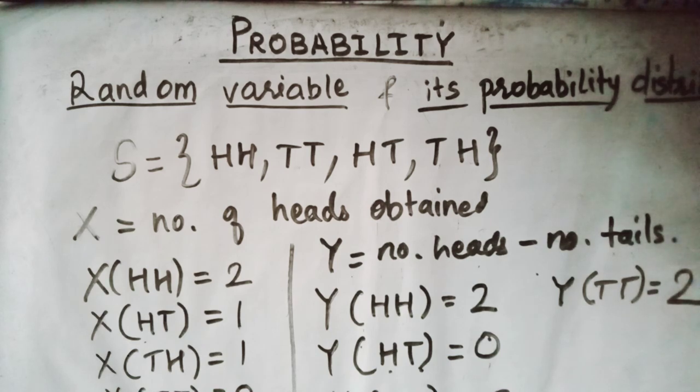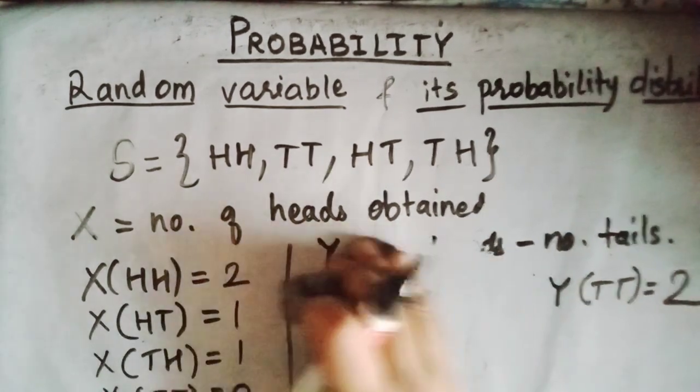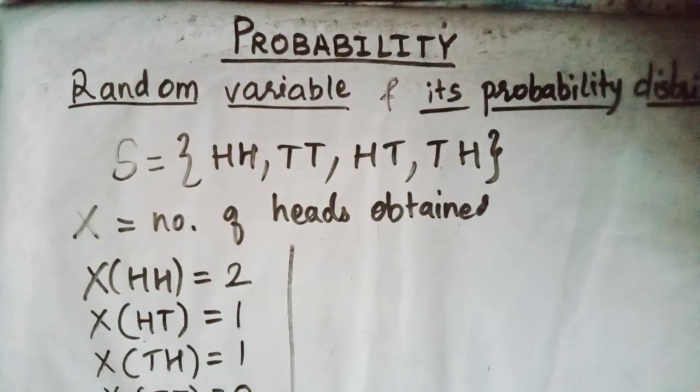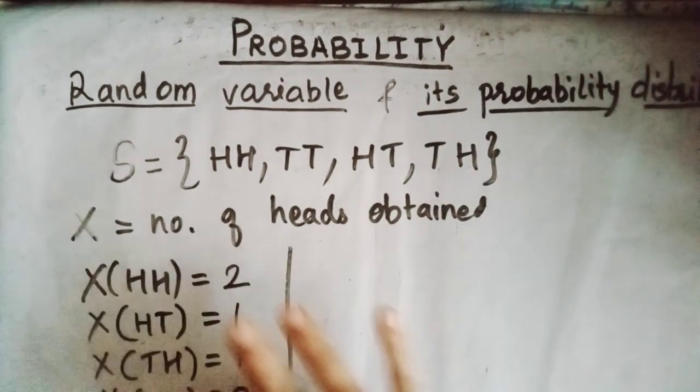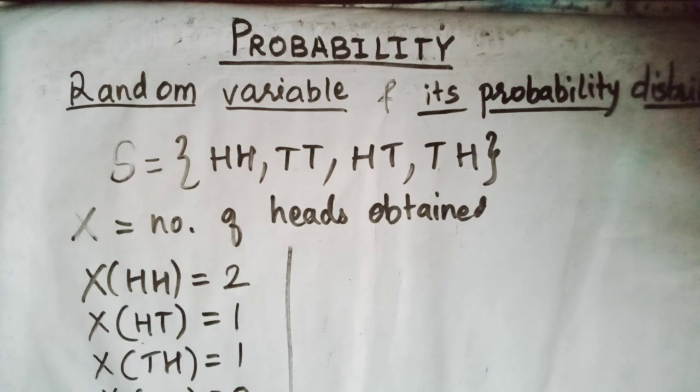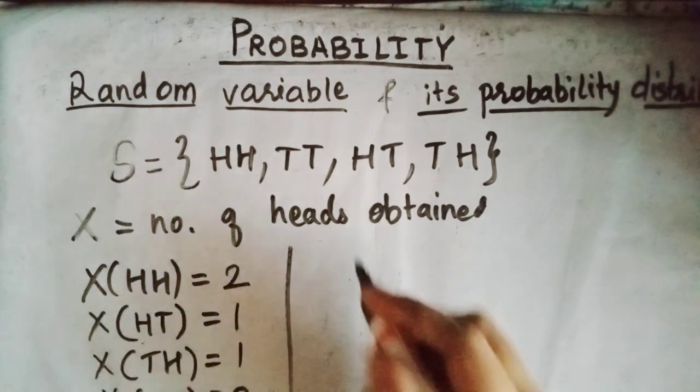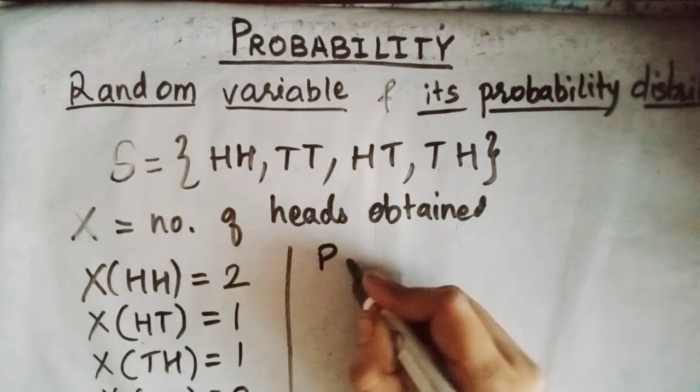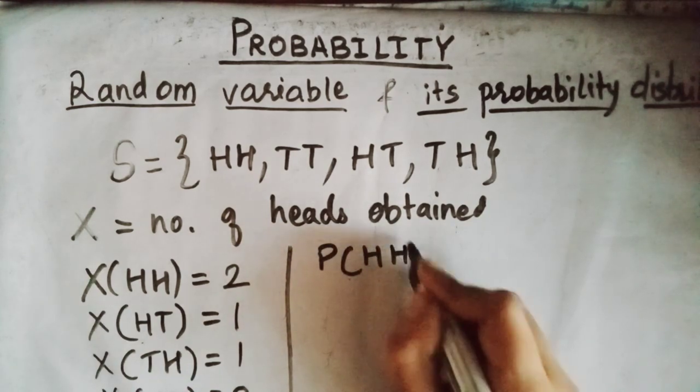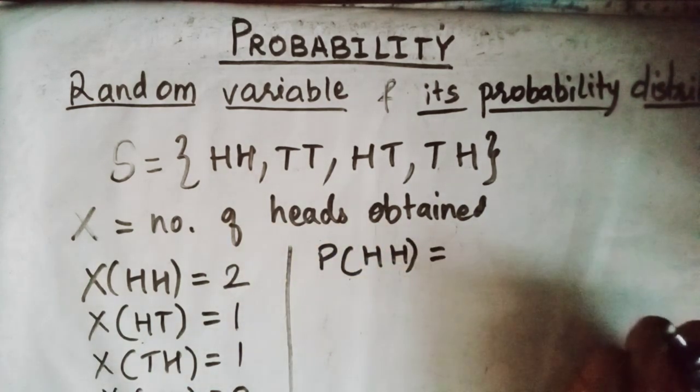Now let's write the probability distribution. I will write for the random variable X. Now we know the sample space has elements HH, TT, HT and TH. So probability of getting head will be what?